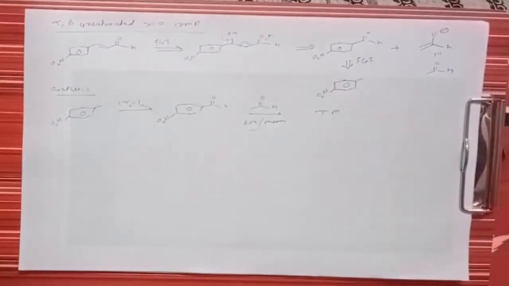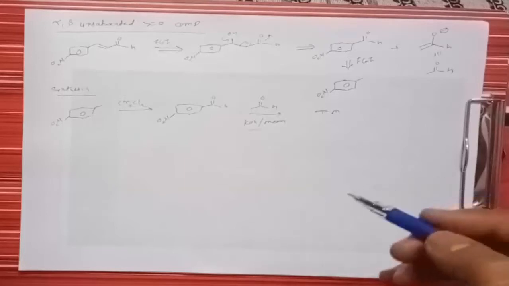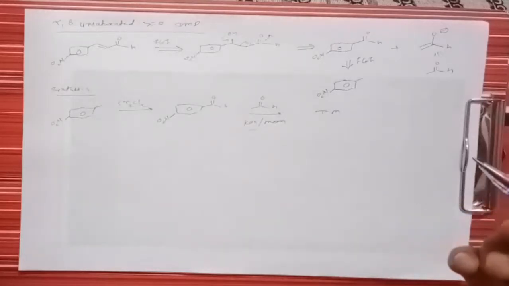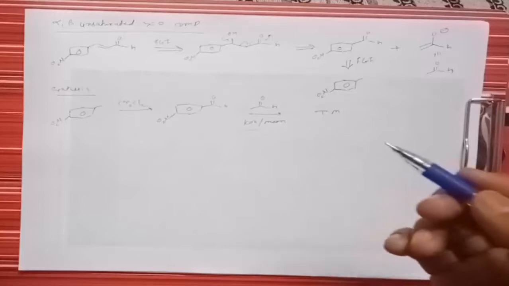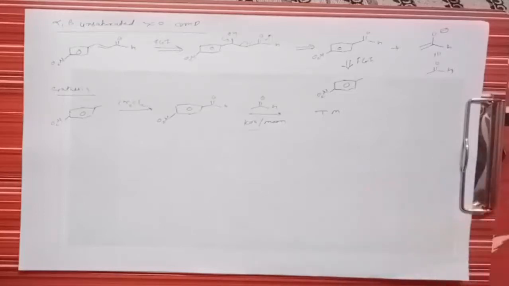Both acetaldehyde and para-nitrobenzaldehyde look equally electrophilic. Therefore we use an excess of acetaldehyde to compensate for the self condensation. That means we have to use an excess of aldehyde to compensate for the self condensation reaction, and so this is the simple method to prepare such a type of alpha beta unsaturated carbonyl compound.